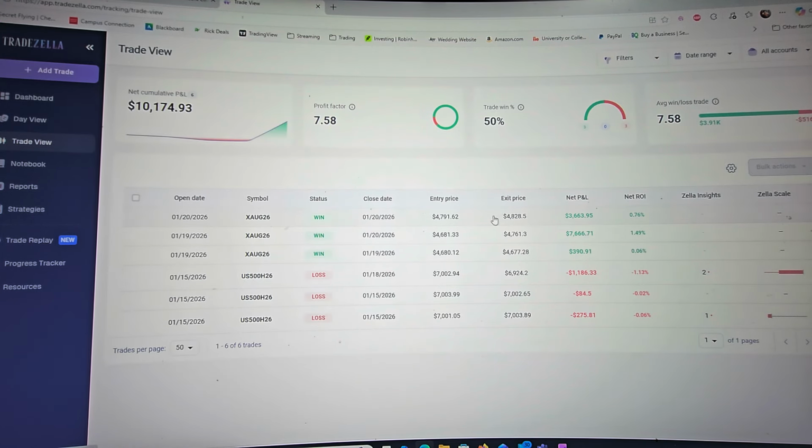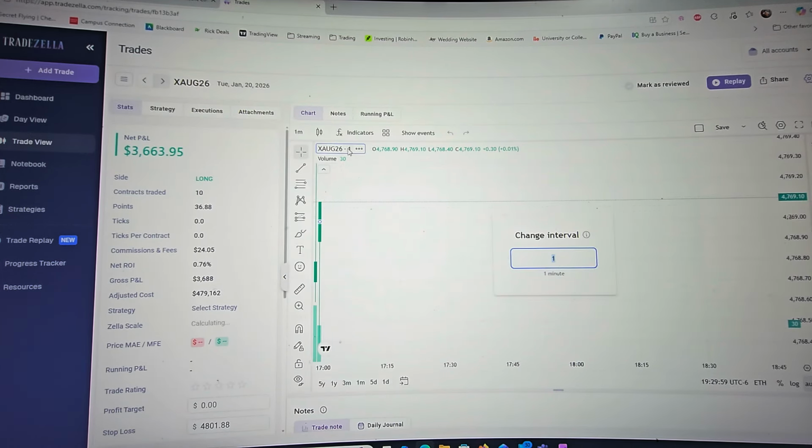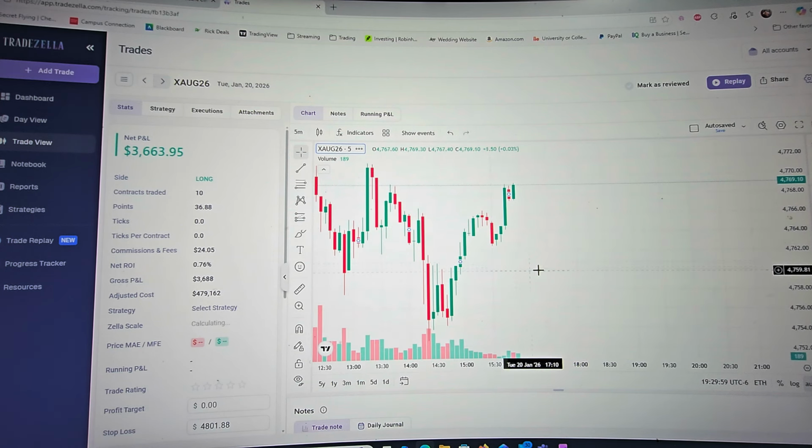Go now to this trade, most recent one. Put this in 5 minutes. Yeah, 5 minutes.